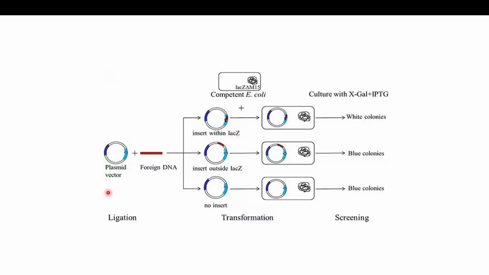So this is what we were talking about. The competent E. coli cells have this mutation delta M15, which can encode the omega peptide without the N-terminal part of beta galactosidase, and this is the plasmid vector, which encodes this particular LacZ alpha stretch, which encodes the alpha peptide, or the N-terminal part, right?